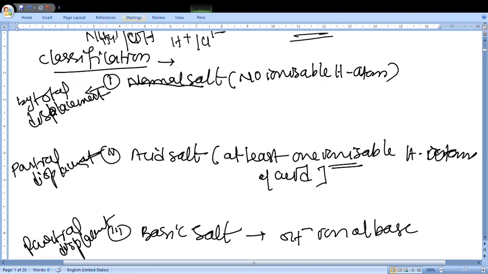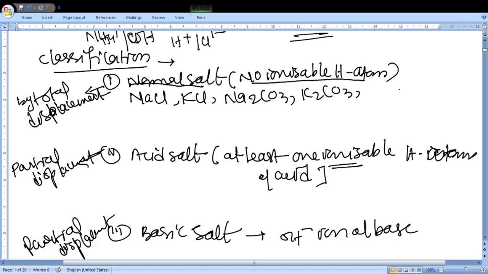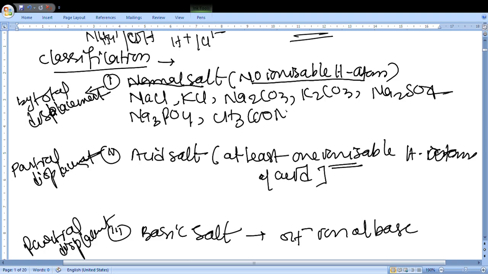So here we will have some examples. If you go for normal salt, NaCl, no ionizable hydrogen, KCl, no ionizable hydrogen, Na2CO3, no ionizable hydrogen, K2CO3, no ionizable hydrogen, Na2SO4, no ionizable hydrogen, Na3PO4, no ionizable hydrogen, and what about CH3COONa? Has it ionizable hydrogen?